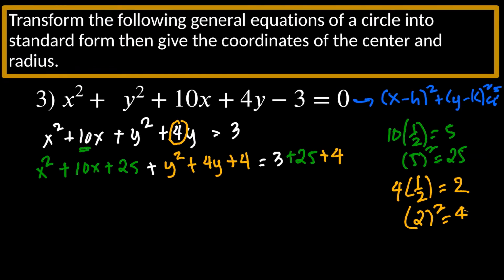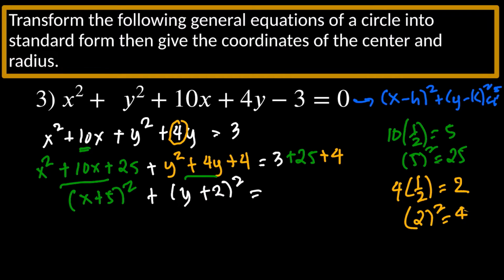If you notice, this is now a perfect square trinomial, and this is a perfect square trinomial. So we can write this as (x + 5)² + (y + 2)² equals, 3 plus 25 gives us 28, and 28 plus 4 gives us 32.